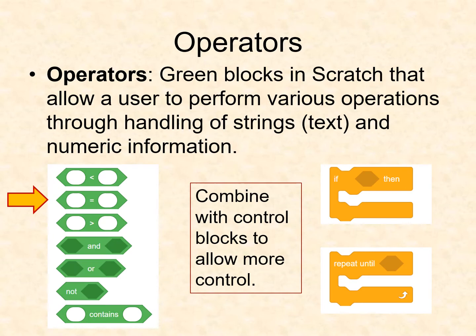One other element that we could add to Scratch coding to provide more flexibility and interaction with the user who's going to be using the program that we create is called the operator. Operators are green blocks in Scratch, and you can see some of them listed here. Instead of just saying repeat or repeat forever, we can say maybe until something is less than something else.